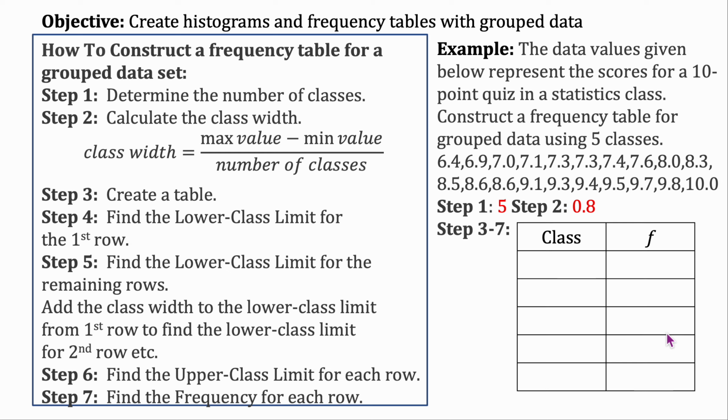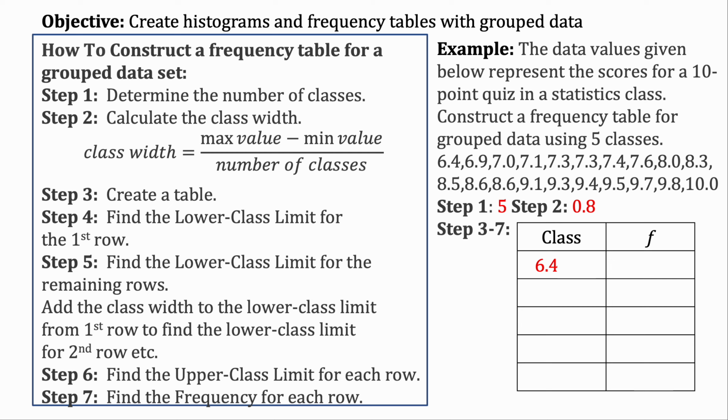Now, steps 3 through 7, we're going to do together, so let's just follow along. First, we need to find the lower class limits for the first row. Our lowest value is 6.4, so that's going to be our lowest class limit for the first row.